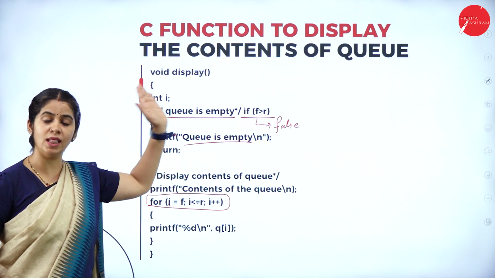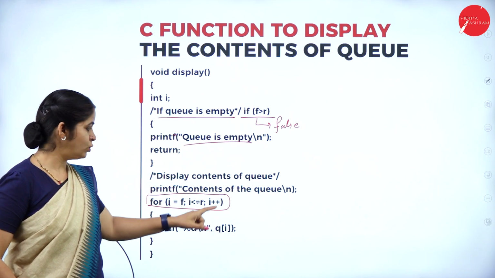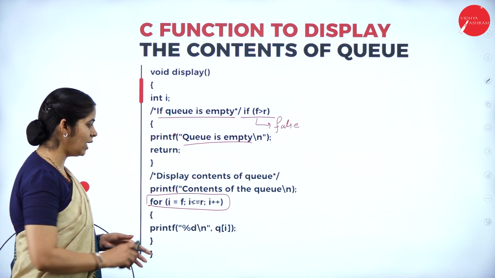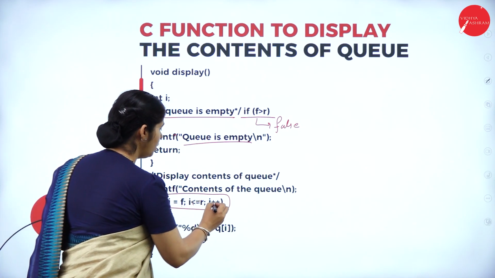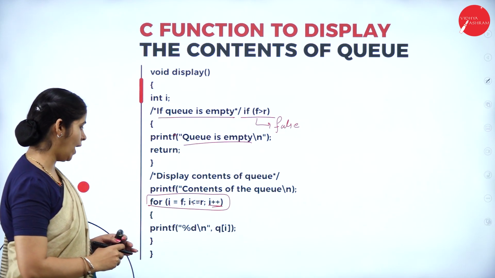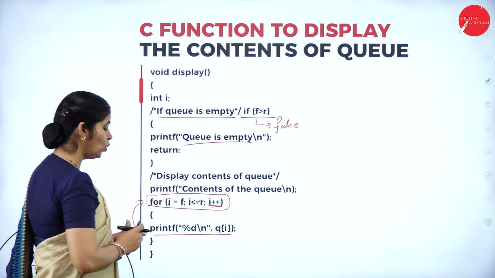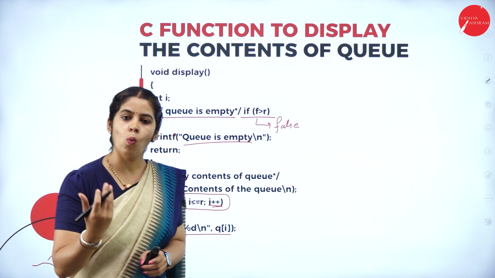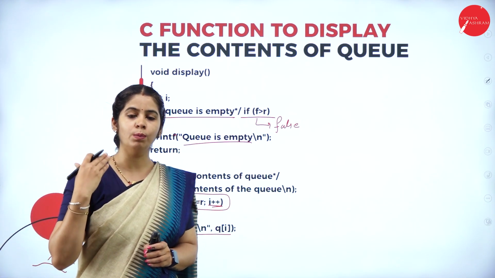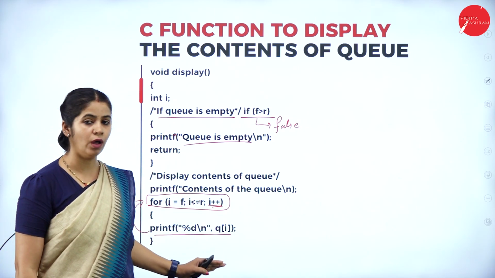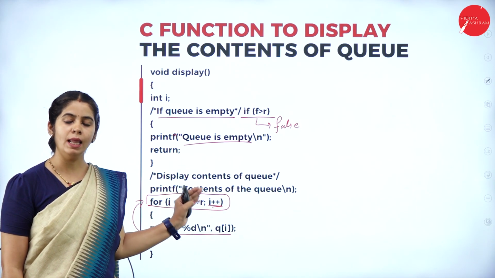We have to traverse till the rear end. So I is less than or equal to rear, and each time we keep incrementing the I value. This printf statement is given within the for loop to print more than one element. So this is about the display function, how to display the elements of the queue.